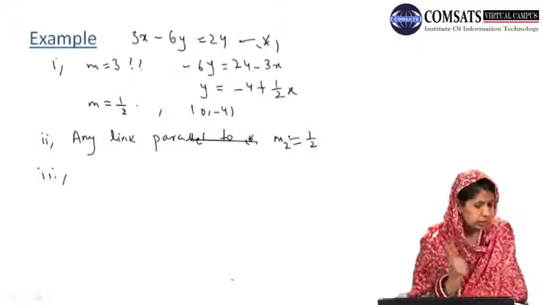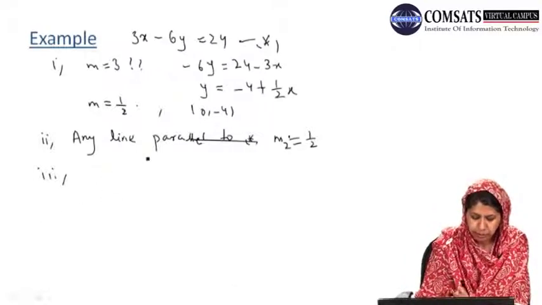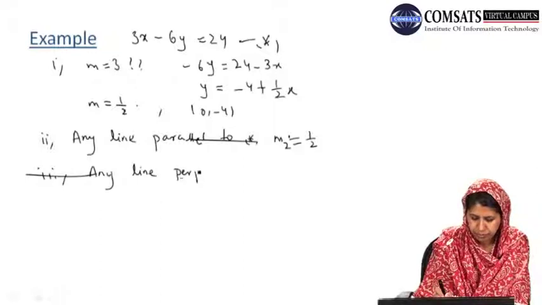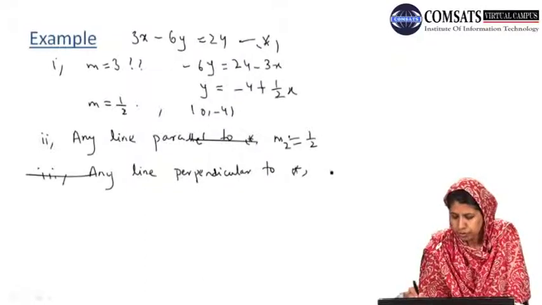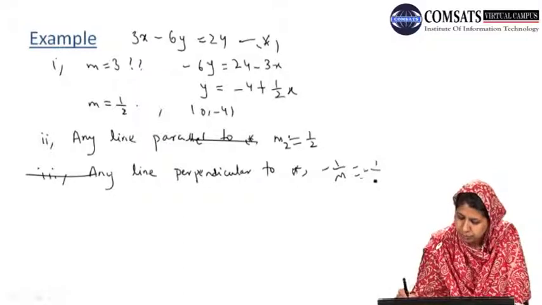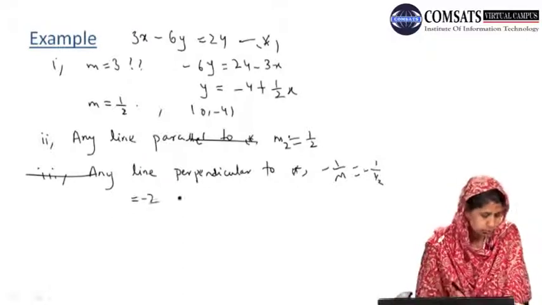Now what is the slope of any line perpendicular to the given line? Any line perpendicular to the given line star must have slope minus 1 over m, which is minus 1 over 1 by 2, which is minus 2.